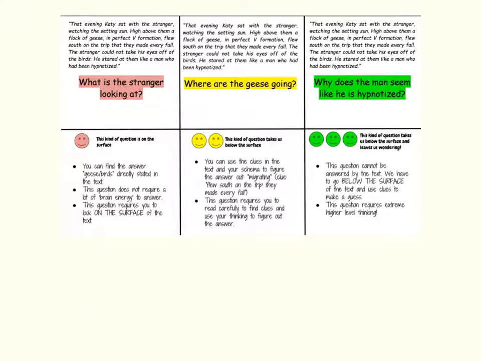Now, when we think about asking questions, we can kind of think about moving along or progressing in stages. We, of course, can ask questions on the surface. We can work towards going more below the surface, and then we've got those questions that leave us wondering.